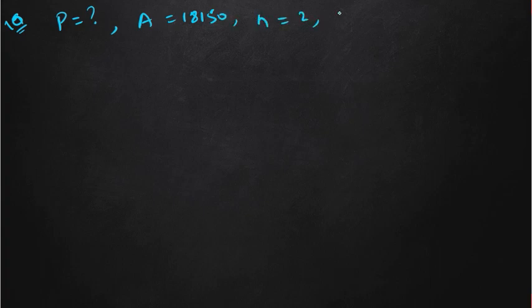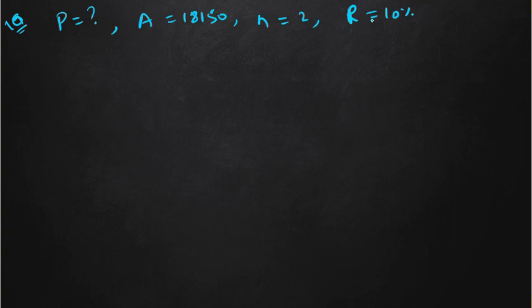Okay, let's move to the next question. I think this is also the same as that of, not 9, 10. If you read the question: what sum of money will amount to 18,150 in 2 years at 10% per annum compounded annually. The question is the same. What sum of money means we need to calculate the principal, and the amount is given. A is 18,150, the number of years is 2, and the rate of interest is 10% per annum compounded annually.